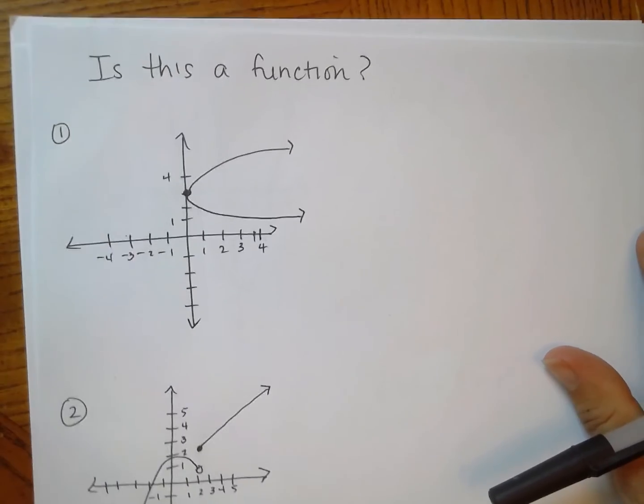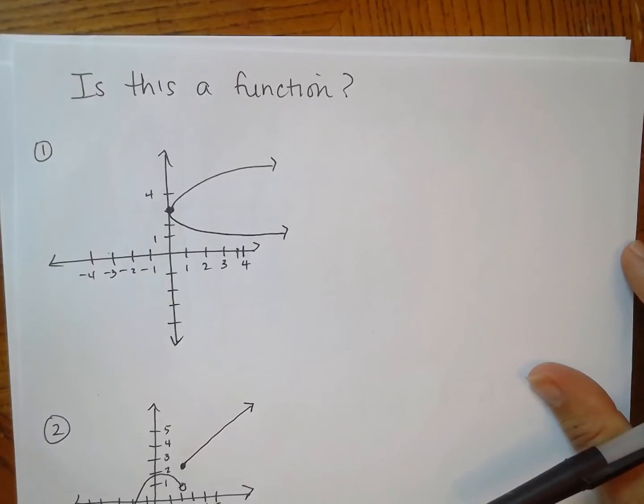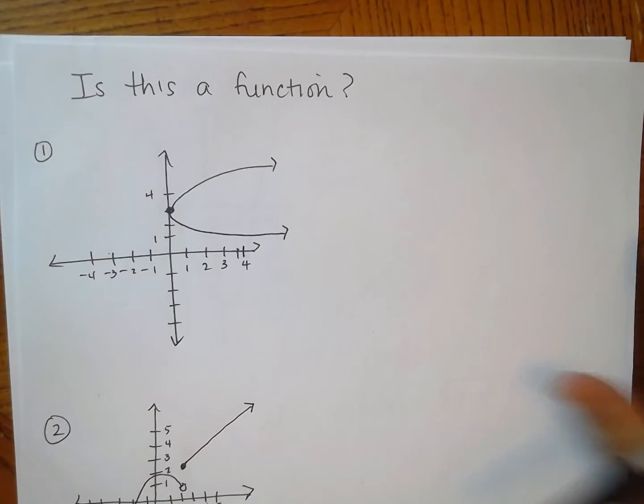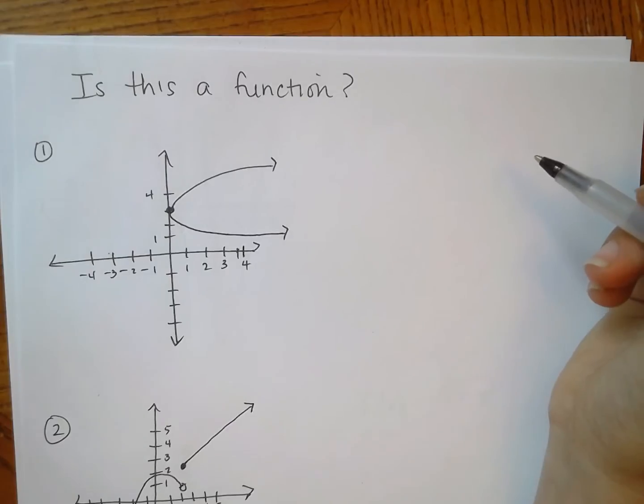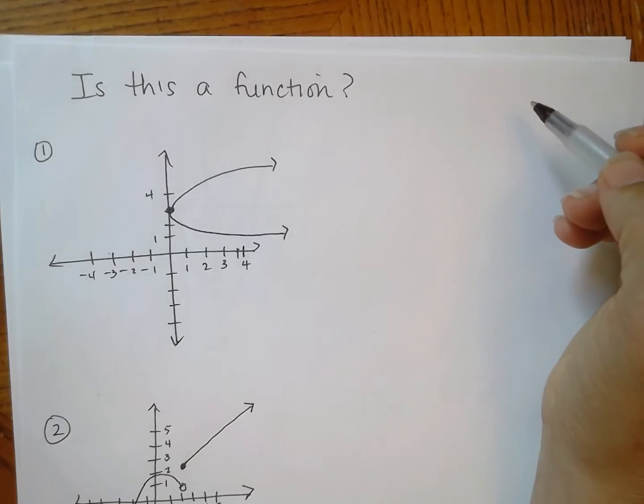And so we've talked a little bit about what happens when something isn't a function. When something isn't a function, that means that I have two values of x typically that match up with the same y.